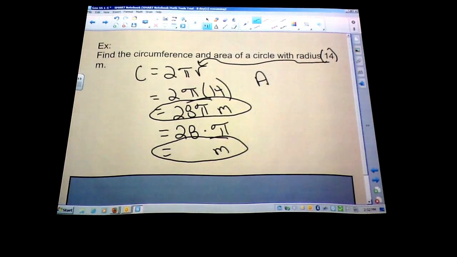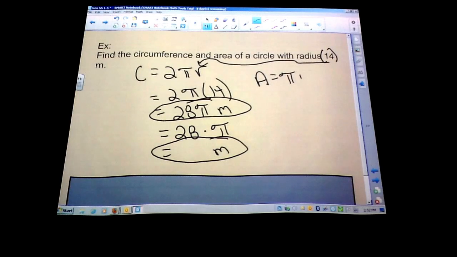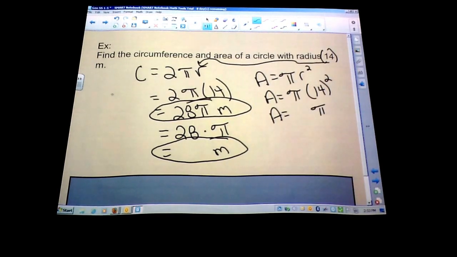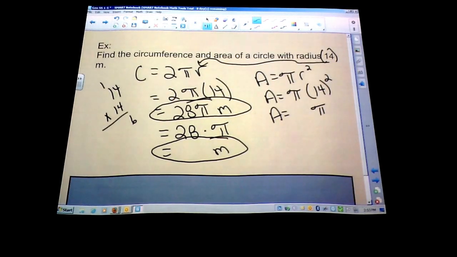Alright, area is equal to pi r squared. So area is equal to pi times 14 squared. So in terms of pi, I would need to multiply 14 times 14 real quick.